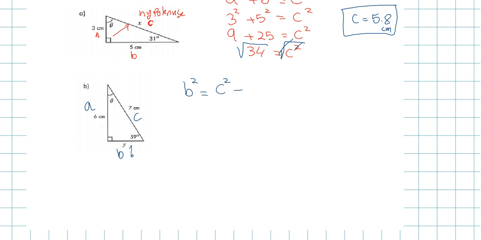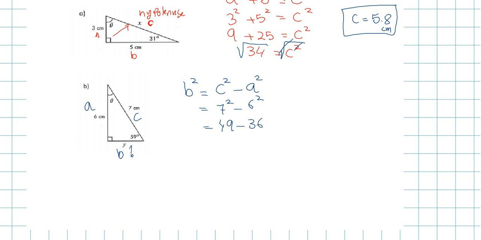Let's plug in the given information. So I have C squared, that's 7 squared, minus 6 squared. So that is going to be 49 minus 36, 13, yeah.